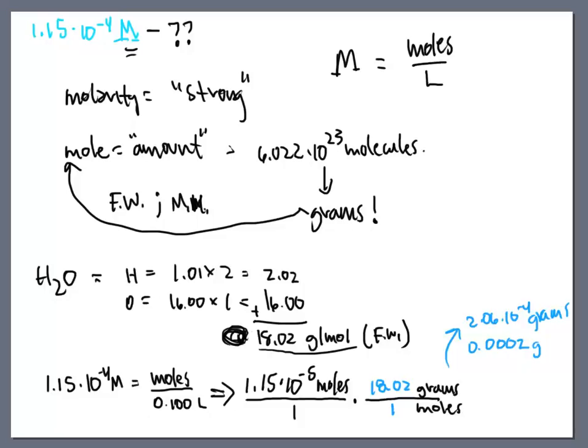The problem here, though, is that I used water, and sometimes this doesn't really make sense. So let's use something real. I'm just going to mark this out. Let's say that I'm required to make a 1.15 times 10 to the negative fourth molarity solution of aspirin.